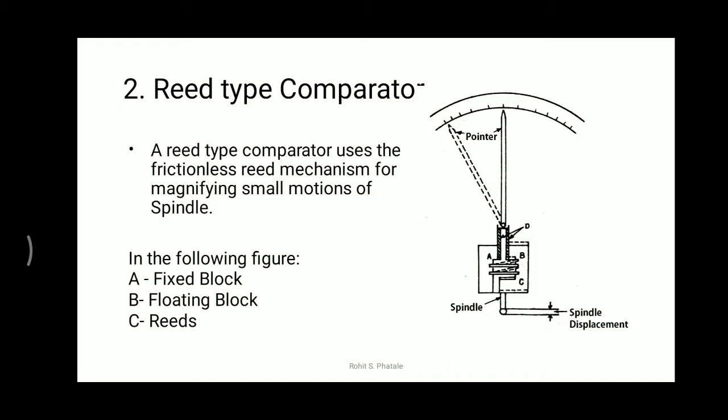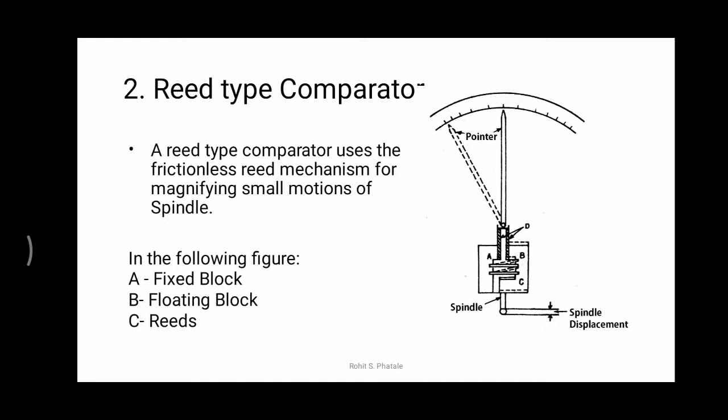Because of that, the pointer will move in either of the directions, either here or here, depending upon the type of displacement given to this reed type of comparator.